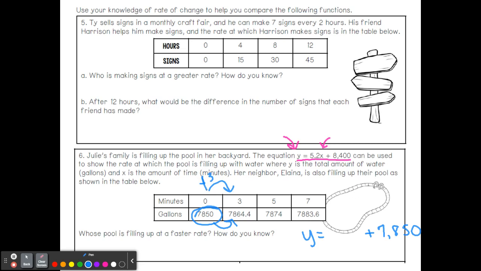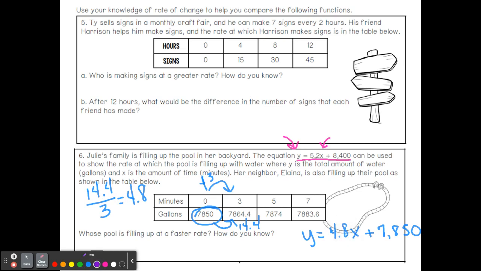Okay, and then if we look after 3 minutes time, how much more water does the pool have? So if you subtract 7,864.4 minus 7,850, you will get that it has had an increase of 14.4 gallons in 3 minutes. So when you divide that by 3, then you get that hers is filling at a rate of 4.8 per minute.